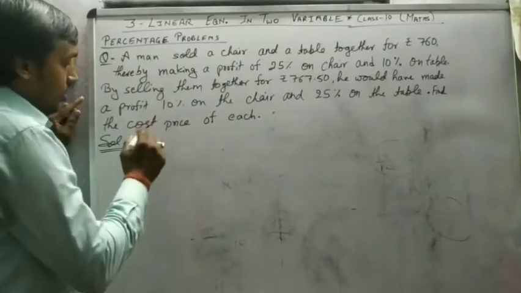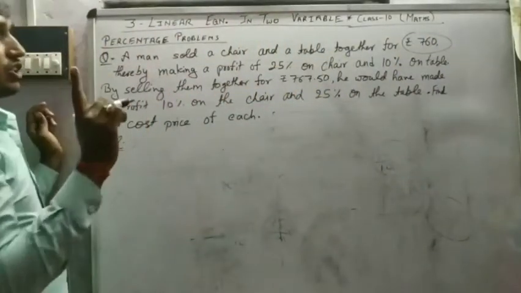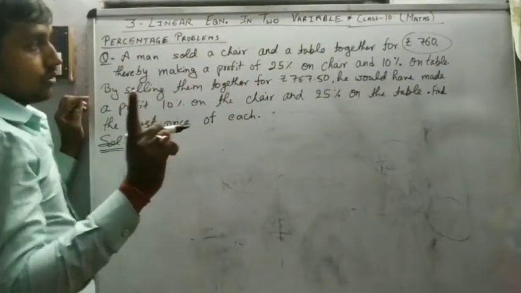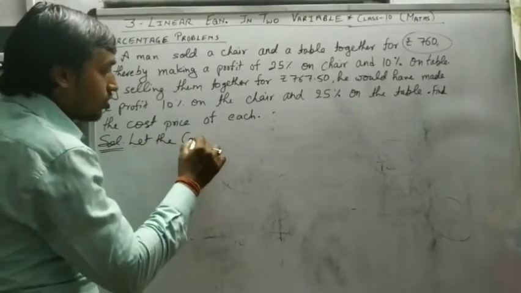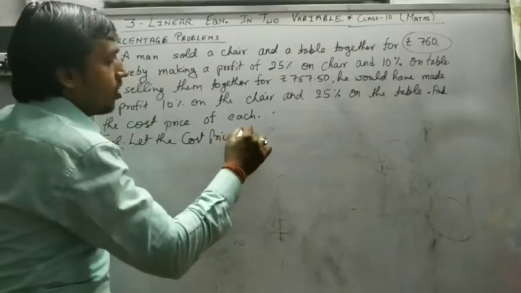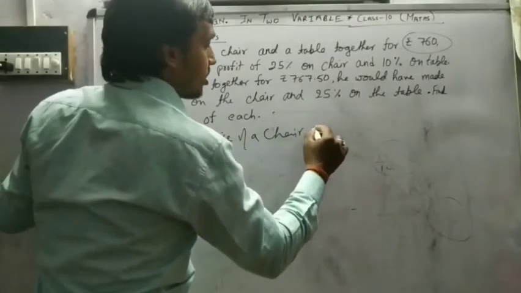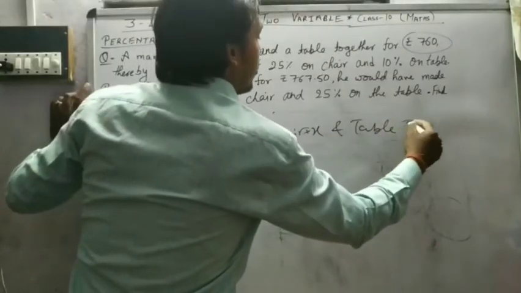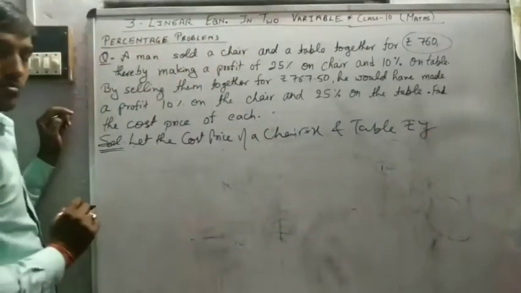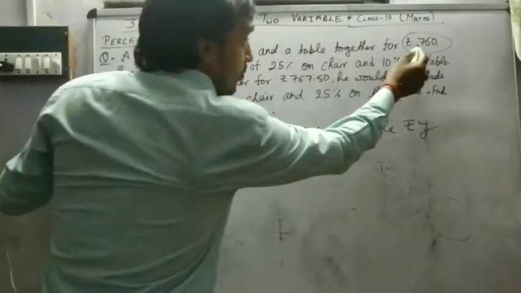That means this is the selling price of a chair and a table. So let the cost price of a chair be x rupees and the table y rupees. Then we want the selling price of both.